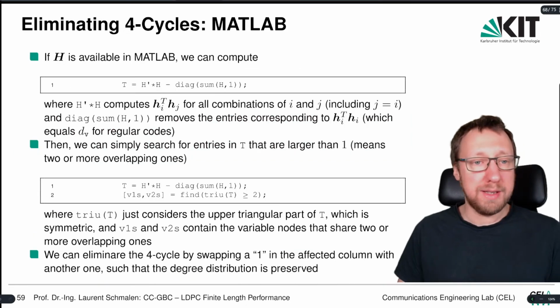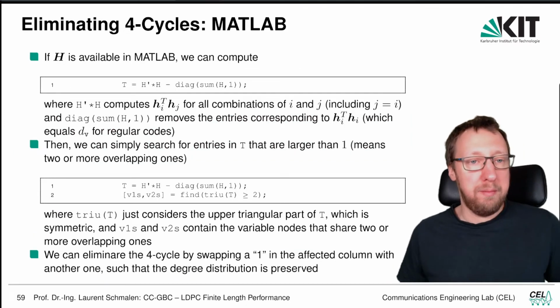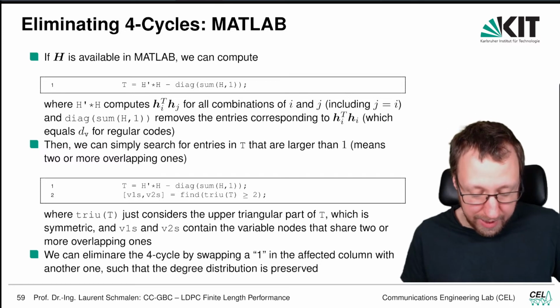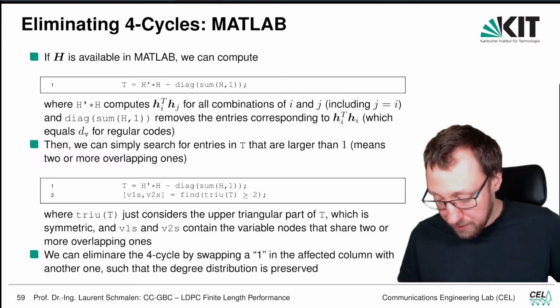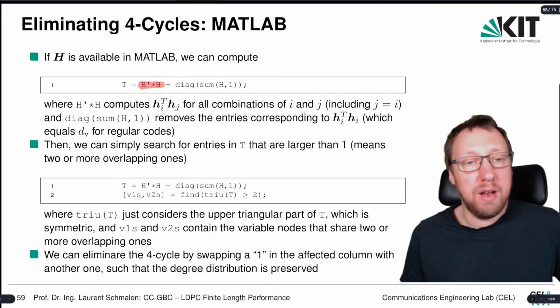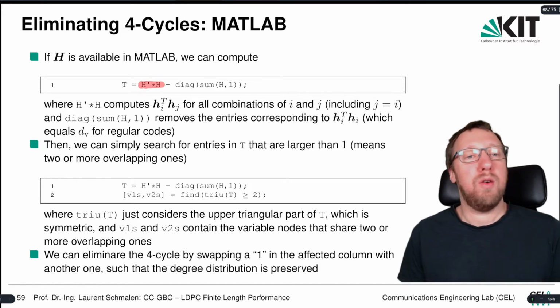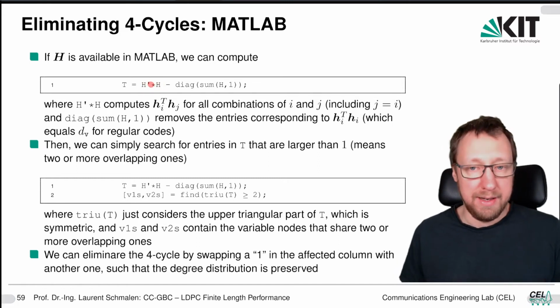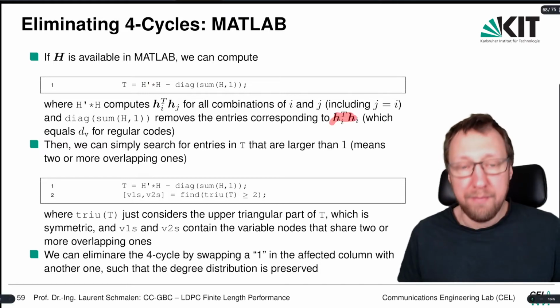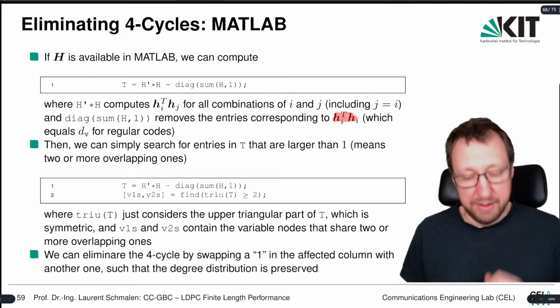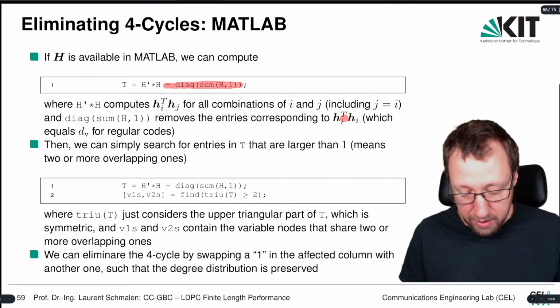That will give us the number of overlapping ones. So if we have MATLAB, we can calculate H transpose times H. That will do this dot product, and then we have also calculated h_i transpose times h_i, which will just be equal to d_v. We need to subtract this. So this is being corrected here.